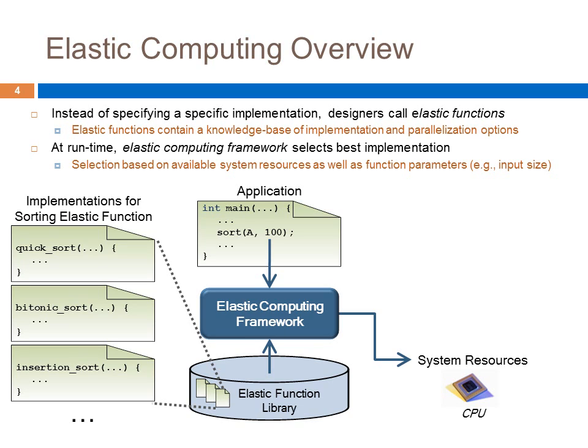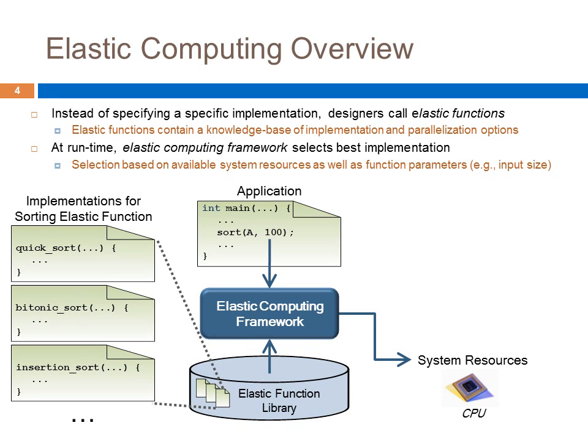And what that enables then is, when the application calls that function at runtime, the elastic computing framework can explore that huge knowledge base to find a highly optimized implementation for whatever the current available resources are, whatever the current input size is, and potentially any other runtime condition.